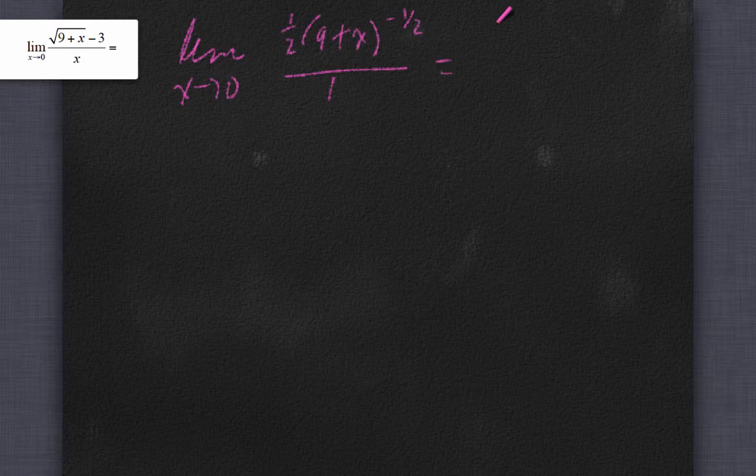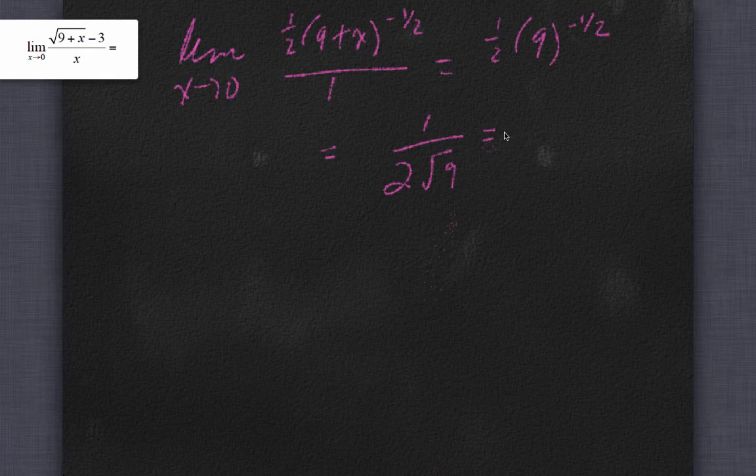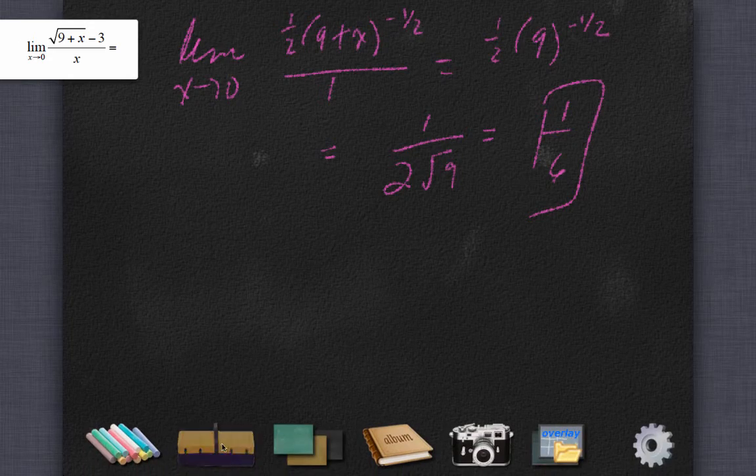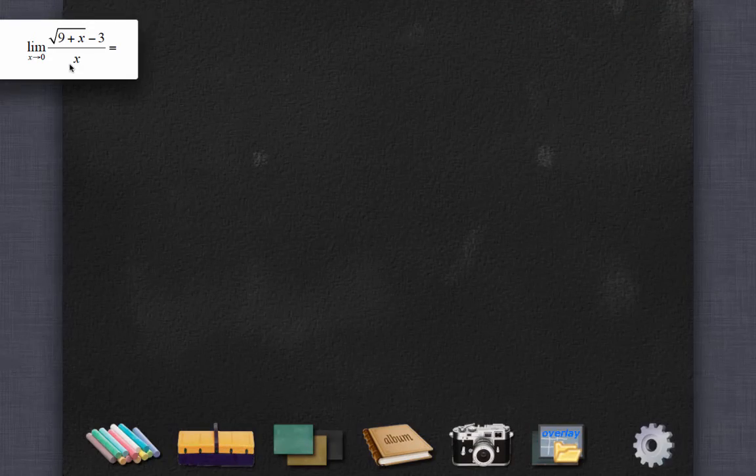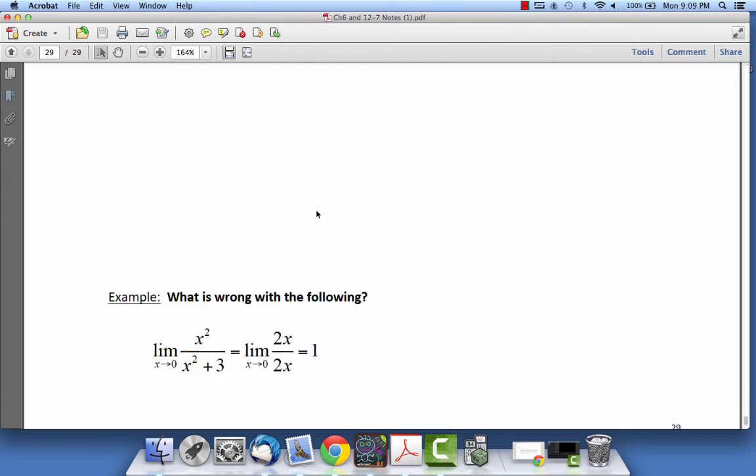Plug in 0 again. And this certainly is not 0 over 0, so it's 1 over 2 times square root of 9. Pretty handy little tool here.